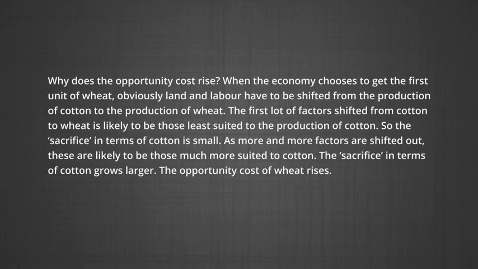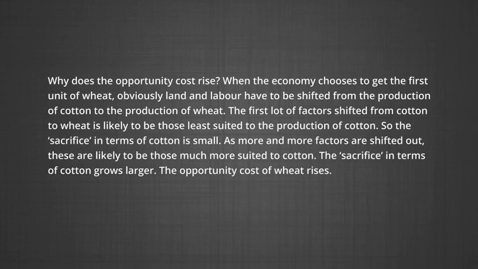When the economy chooses to get the first unit of wheat, obviously land and labor have to be shifted from the production of cotton to the production of wheat. The first lot of factors shifted from cotton to wheat is likely to be those least suited to the production of cotton.